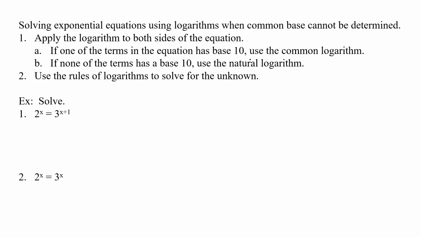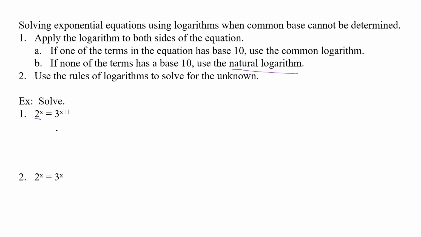Again, most of the time, I'm just going to switch to natural log because it works. It doesn't matter, and it's just easier for me to write ln than log. So I'm kind of lazy when it comes to that. And then after that, we're just going to use our rules of logarithms to solve for the unknown. Okay, and so this is kind of when we start using our power rule, our product rule, and our quotient rule to actually solve these.